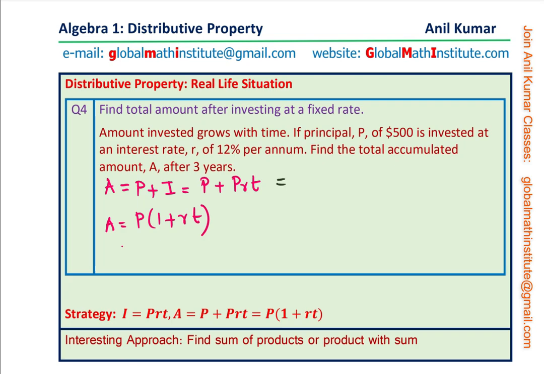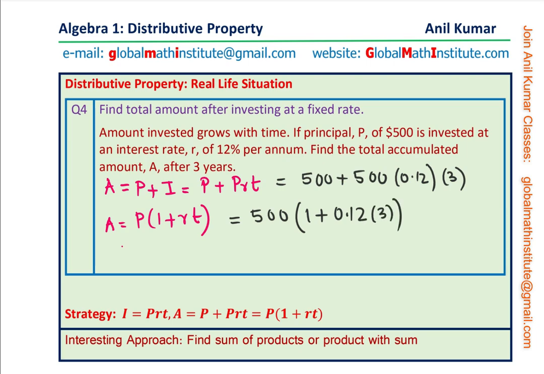The principal amount is 500, plus 500 times the rate of interest, which we converted to 0.12, times 3 years. This is one way to calculate. The other way is we could multiply 500 by (1 plus 0.12 times 3), where 3 is the duration.